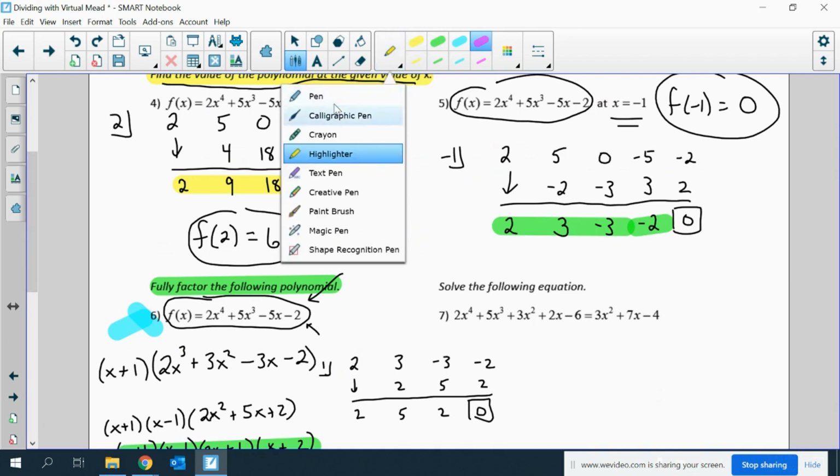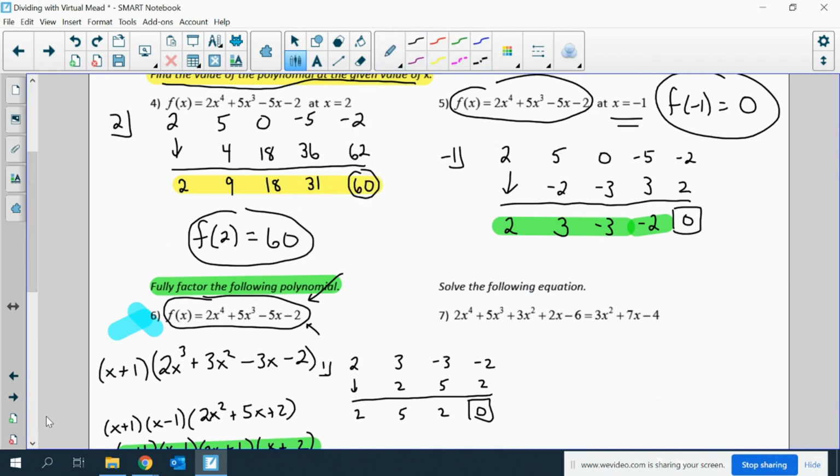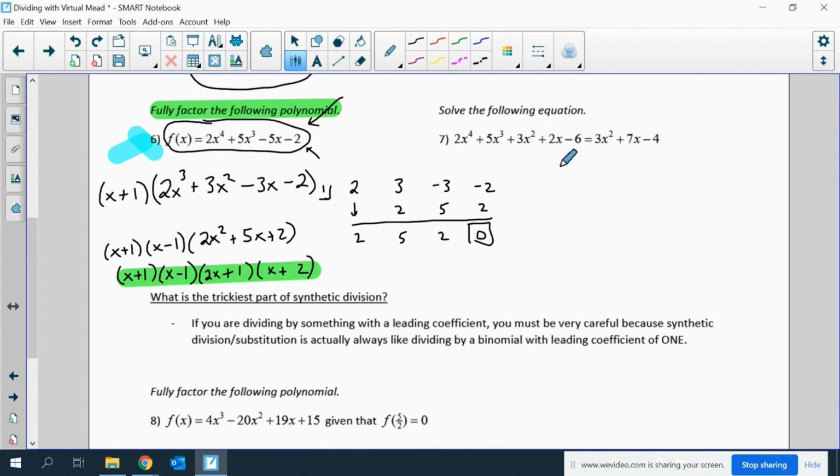So if I take a look at this equation and I move everything onto one side, so 2x to the fourth plus 5x cubed, subtract 3x squared from both sides, well, the 3x squareds go away, subtract 7x from both sides, I get minus 5x, and add 4 to both sides, I get minus 2. Oh, hey, look, it's the exact same thing we've been working on the whole time.